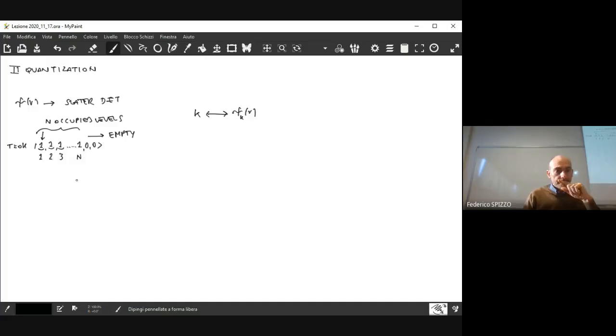And another problem of the Slater determinant is that in order to have a global wave function for the system that is antisymmetric, we have to build up a structure that is huge, because if we consider n electrons, this Slater determinant is the determinant of a matrix whose size is n by n. So that's a very big matrix.